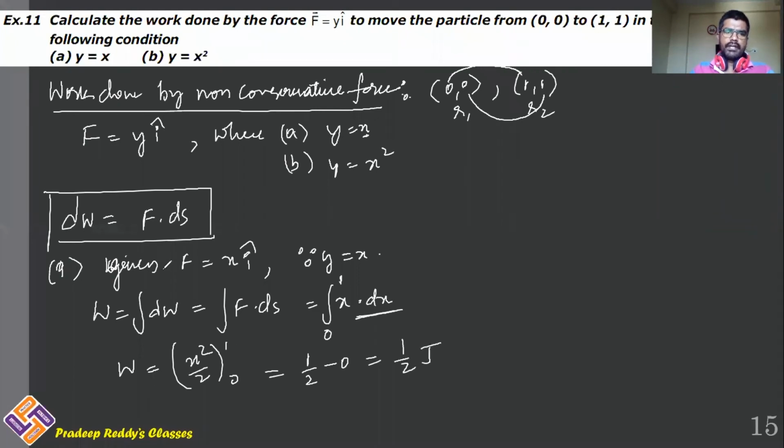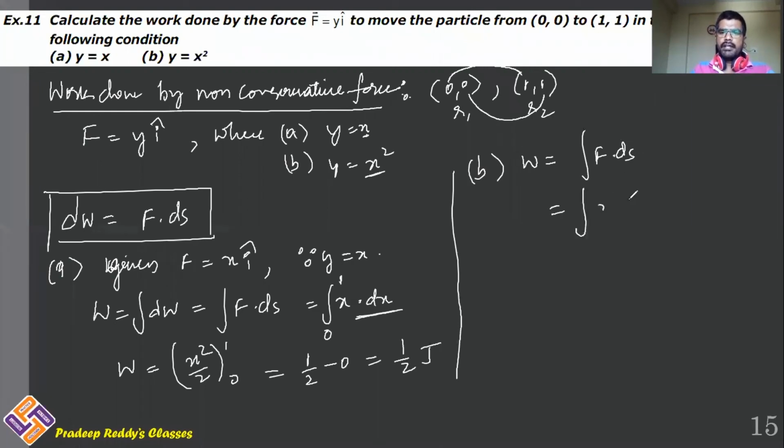This is for A. Now coming to B, we have work done W is equal to integration F into ds. ds can be in 3 dimensions, 2 dimensions or 1 dimension. Here the function is given as y is equal to x square. In problem B, y is given as x square. That y I am substituting here, and it is along the x-axis.